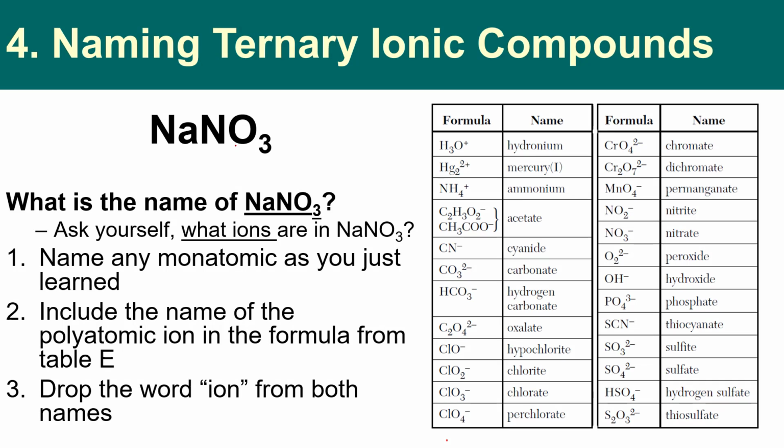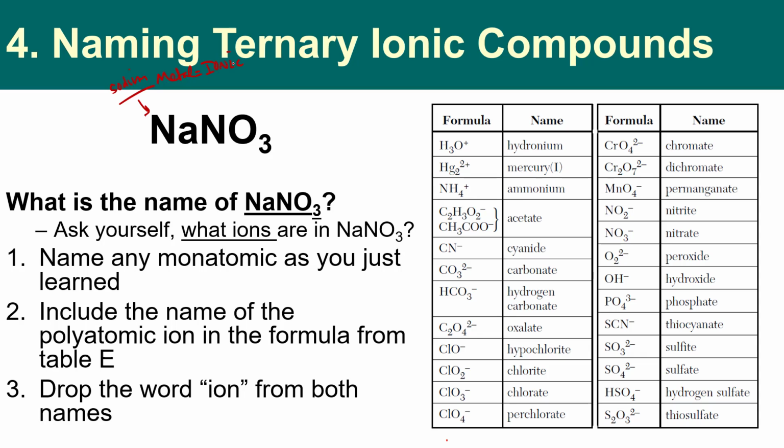Let's say I get an example of something that we have to name that looks like this. The first thing that should strike me is that this is not a binary ionic compound. Is it ionic? Well, the first thing I'm going to do is ask, what do we have here? This is sodium, and sodium is a metal. When you have a metal as the first element in your formula, this is definitely ionic.